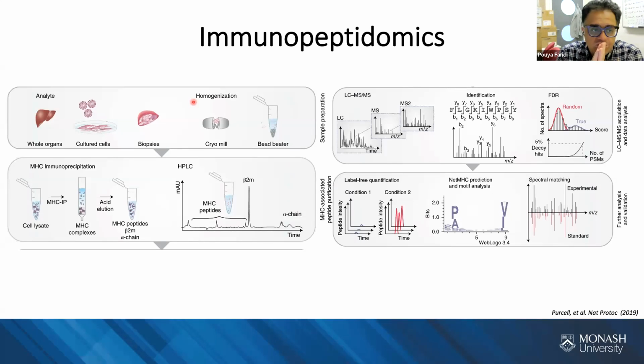Then we generally use immunoprecipitation to pull down MHC peptide complexes, and if needed, we use high-performance liquid chromatography to reduce the complexity of the sample, and then run it on a mass spectrometer, LC-MS, and then use some bioinformatics workflow to find the peptides, do some statistical analysis to estimate the false discovery rate, and try to do some quantification to compare the level of expression of particular peptides in different types of samples, and then several validations.